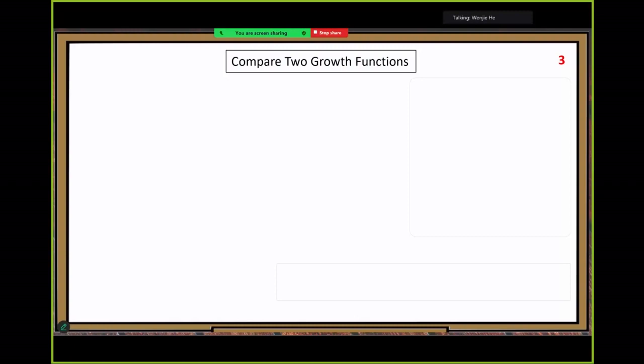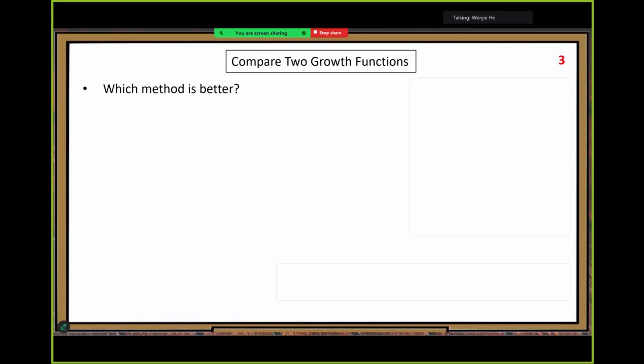Now we can use the example we did. We solved problem number 6, the element uniqueness problem. We used two methods, method 1 and method 2, right? But which one is better? At this point, we don't know.